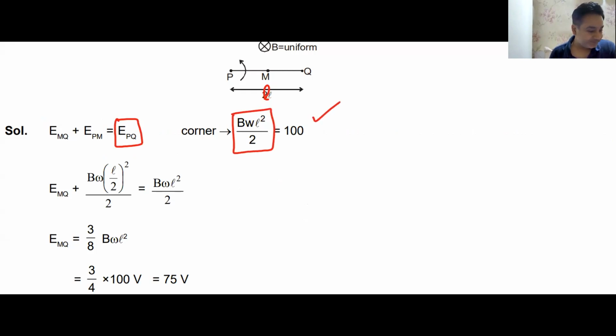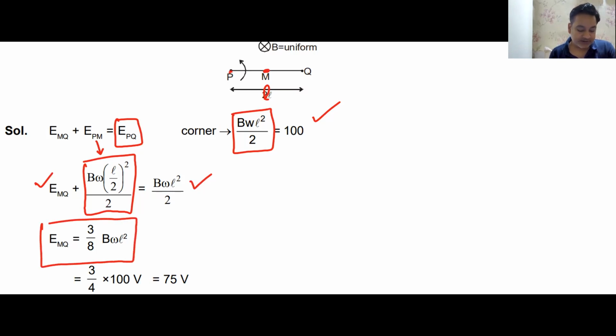Now, between P and M, which is half of the length of the rod, you can just replace L by L by 2 and get the induced EMF between P and M. Induced EMF between M and Q plus induced EMF between P and M will be equal to the induced EMF between P and Q. From there, you can calculate the induced EMF between M and Q.